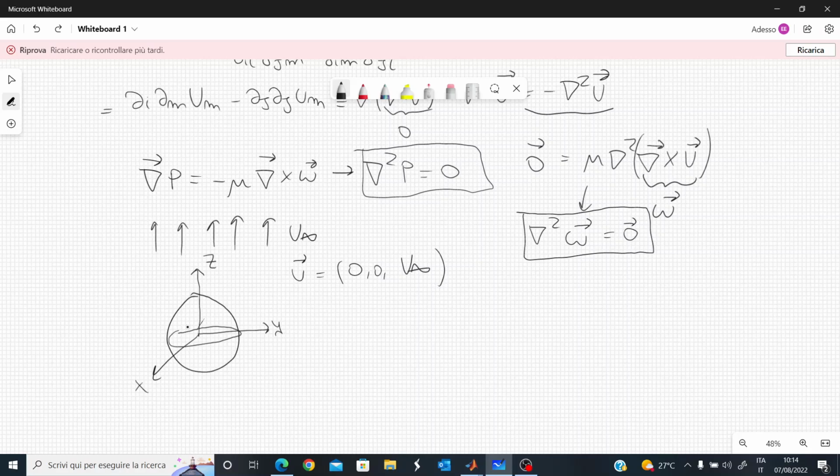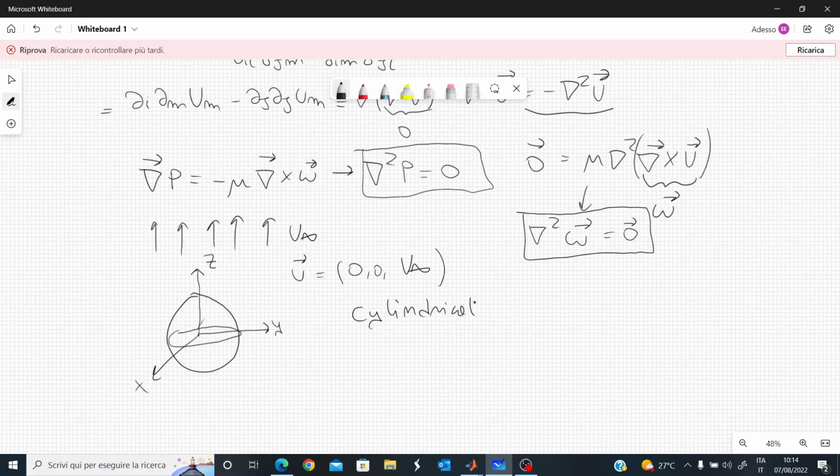That's important. And we will use cylindrical coordinates, not spherical. So let me stress this. Even if this is a sphere and there is some kind of spherical symmetry if you want, we are going to use cylindrical coordinates.